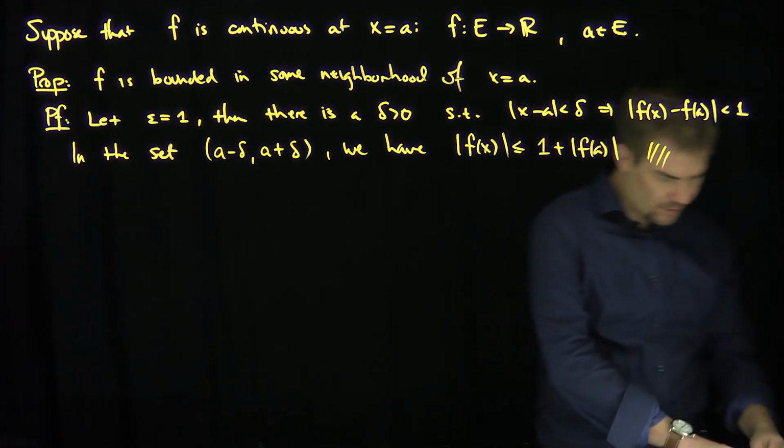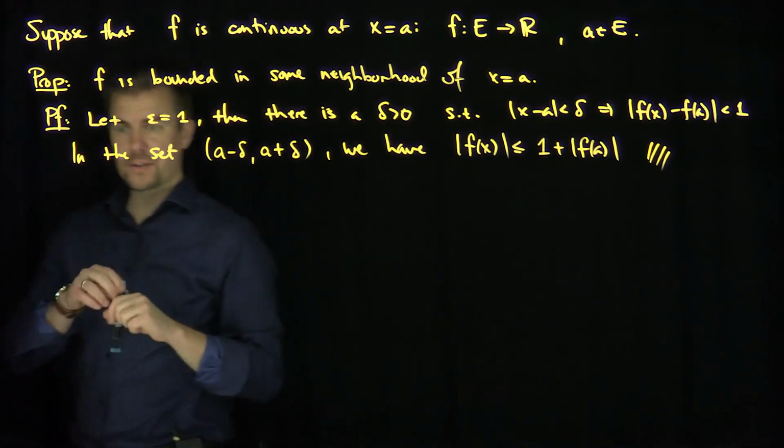Now we can use some alternate criteria, alternate ways of characterizing continuity.